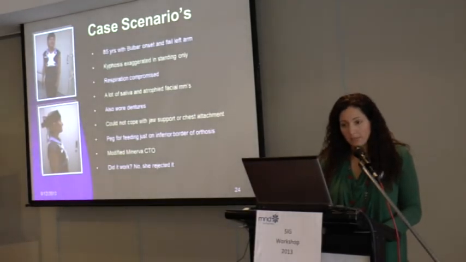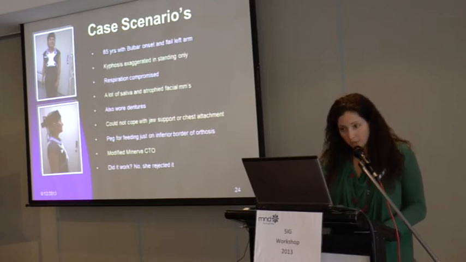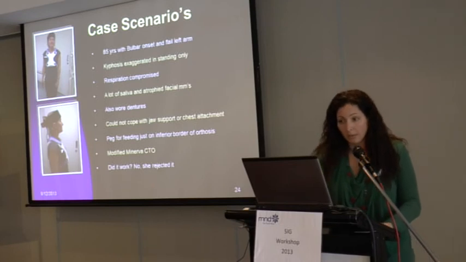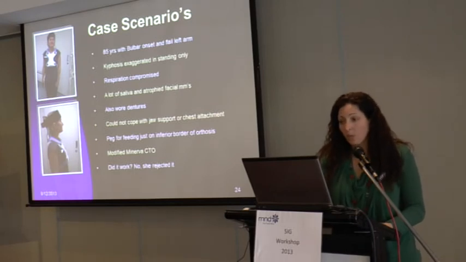So that's an example. My 85-year-old patient, who had bulbar onset and a flail left arm, also had kyphosis, which is the bending forward of the trunk, which was exaggerated when she stood up. Her respiration was compromised. She had a lot of saliva and atrophied facial muscles.